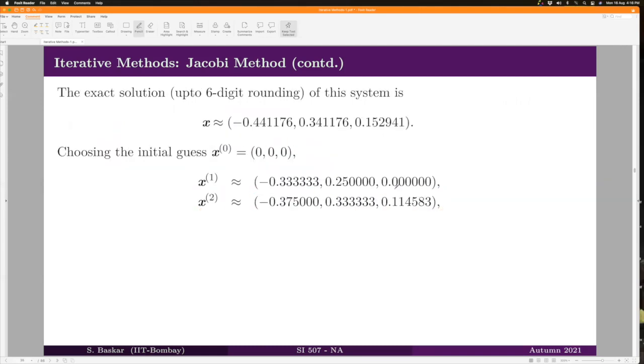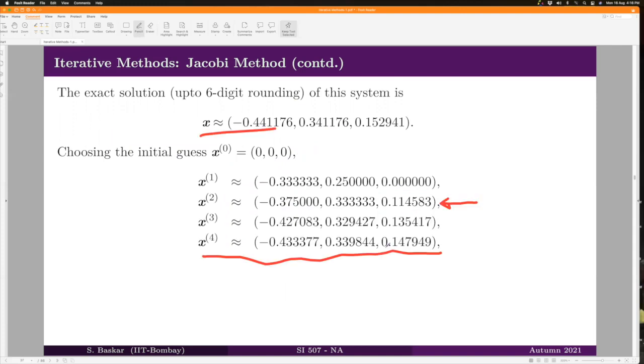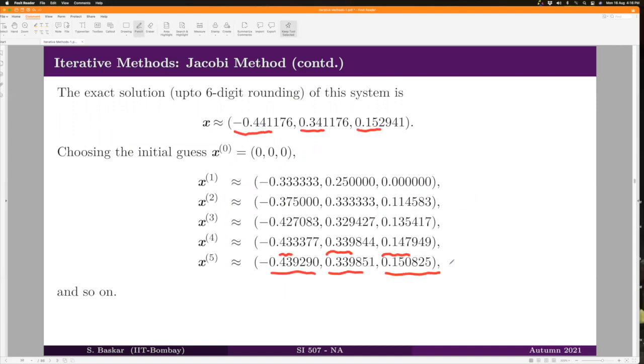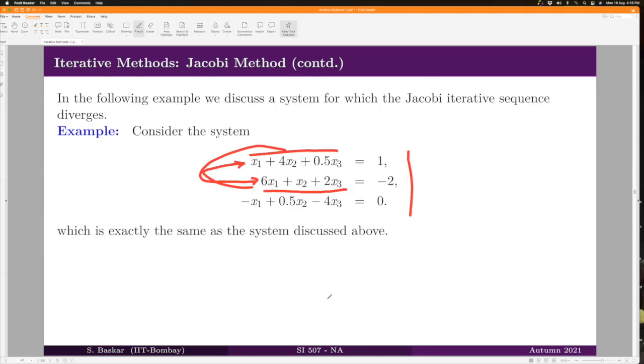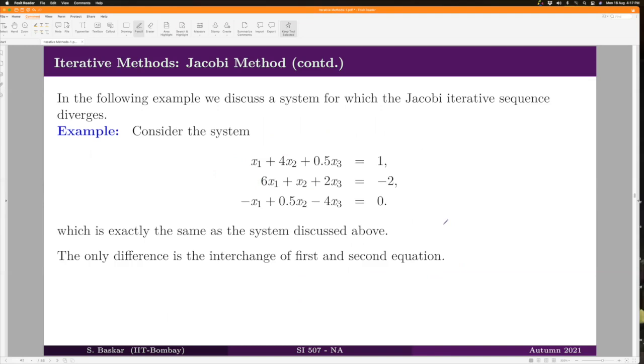And we saw that by starting with the 0 vector, we were converging at least up to 5 terms, and one can check that by going to further terms, we get closer and closer to the exact solution. The system is the same, I just shuffled these two equations. Therefore, the solution will not change, because by interchanging two rows, the solution is not going to change, right?